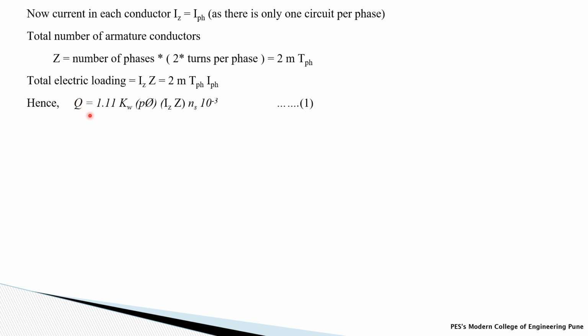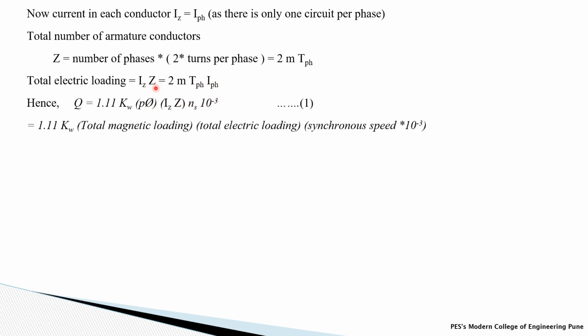The equation becomes Q is equal to 1.11 Kw P phi Iz into Z ns into 10 raised to minus 3, because we are replacing 2 M TPH IPH by Iz into Z.